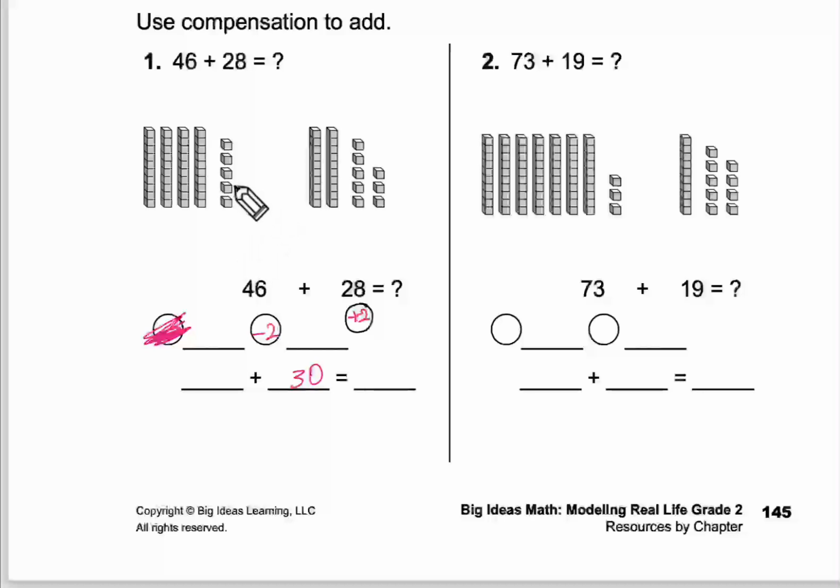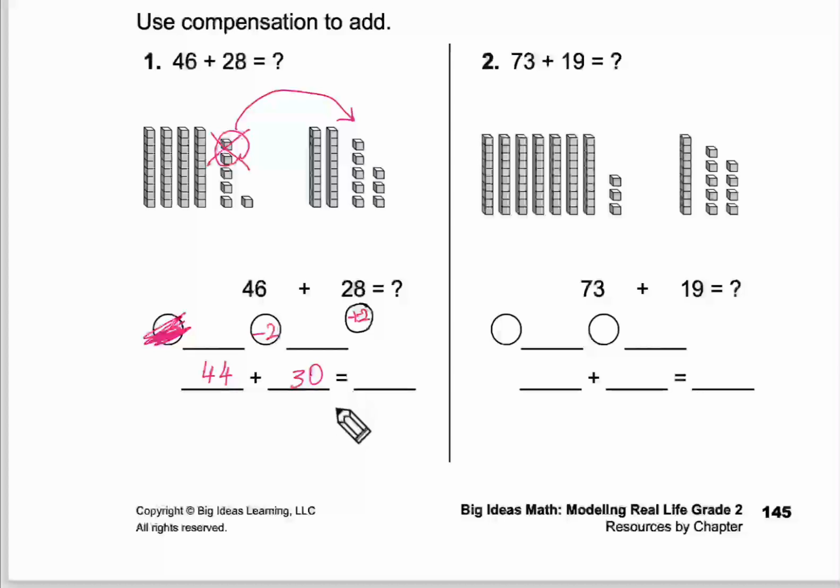So what we are doing, we will take 2 from this one and give it to the other one to make it 30. Now, what is the first number? When we subtract 2, it should be? 44. Excellent, my hero. And now we add 44 plus 30.